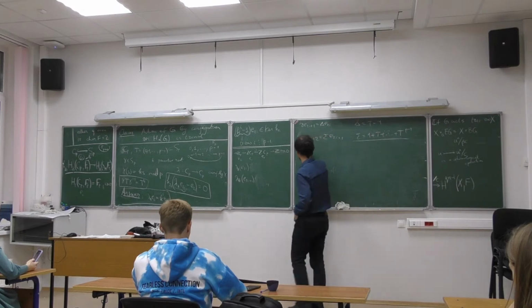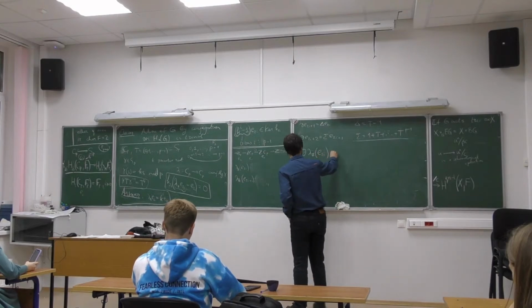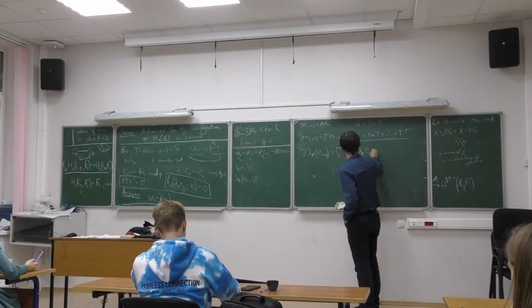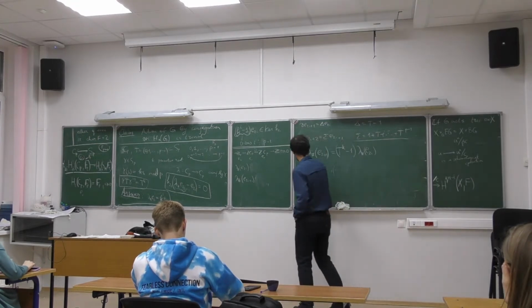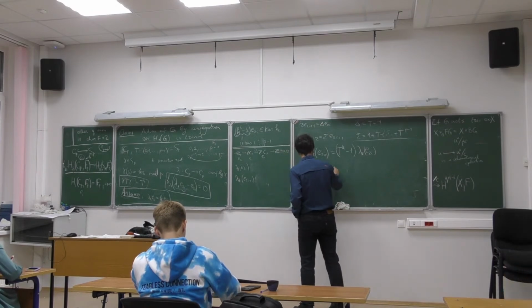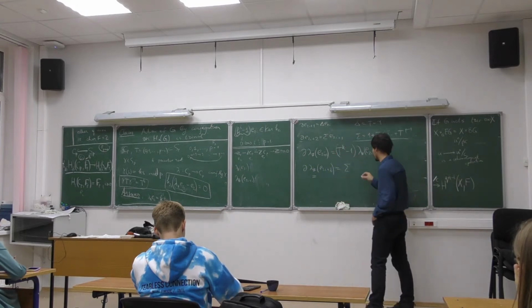If we compute these, then it is t to the k minus 1 times something, and for even, we want to have the same formula, again sigma, since sigma is invariant.